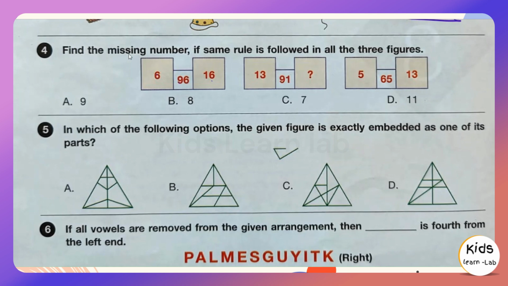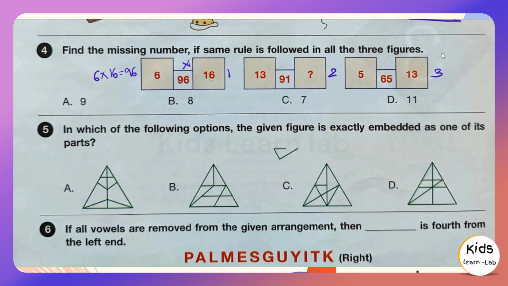Fourth question. Find the missing number if same rule is followed in all the three figures. So here in figure 1, some rule is applied. So what is that rule? Let's check. This is figure 1, figure 2 and figure 3. 6 plus 16 cannot be 96. So 6 into 16 is equal to 96.